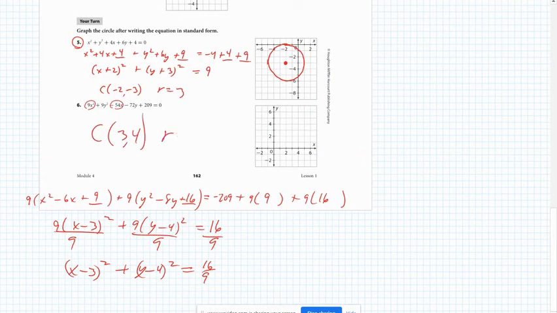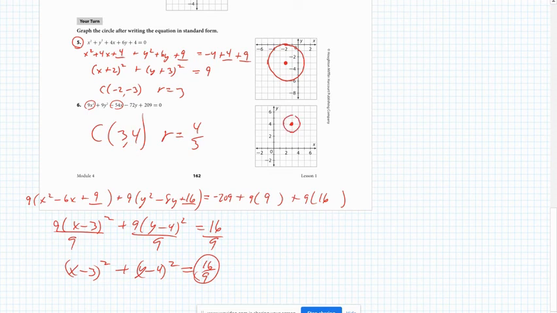And our radius is the square root of 16 over 9, which is 4/3. And so our center, 3, 4, is right here. And 4/3, we go 1 1/3 this way, 1 1/3 this way, 1 1/3 this way, and 1 1/3 that way.